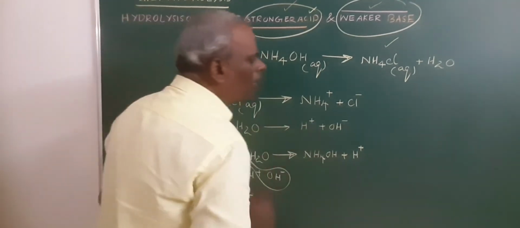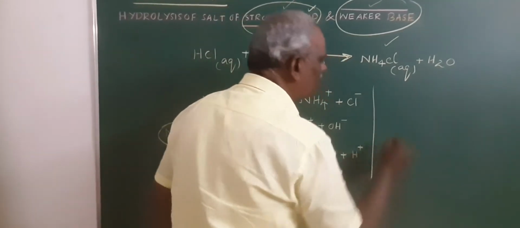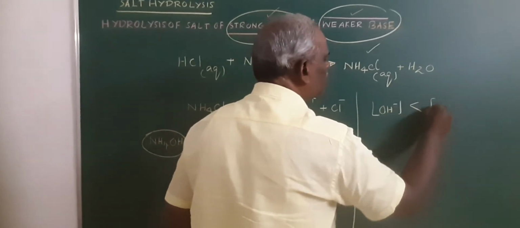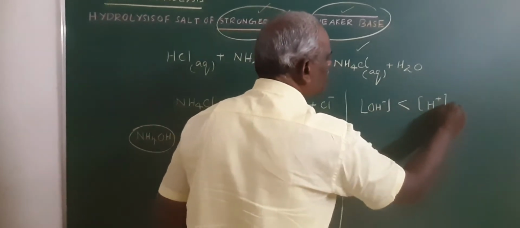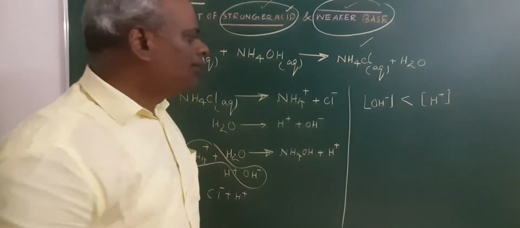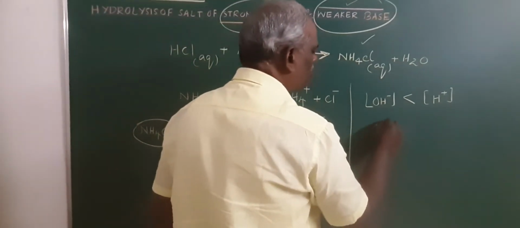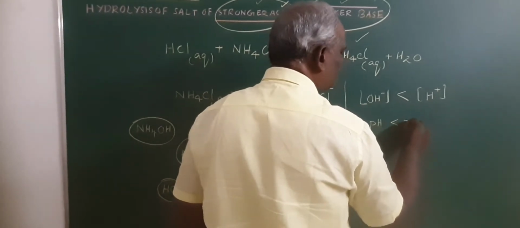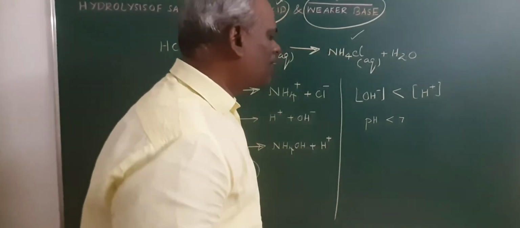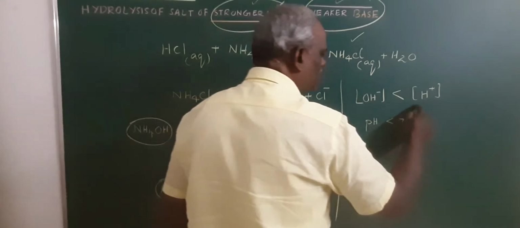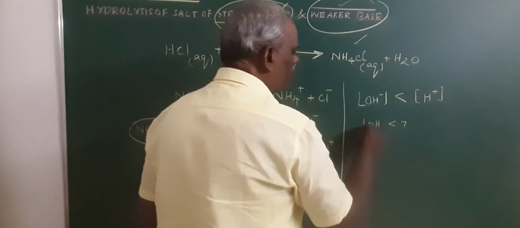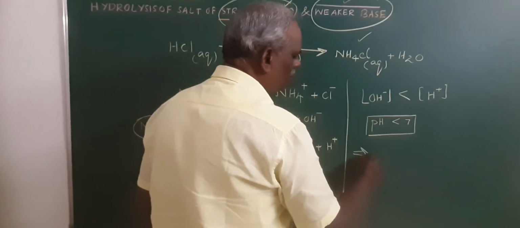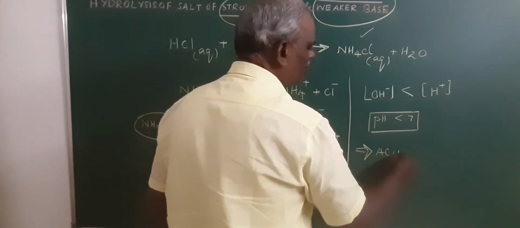Once the concentration of OH minus is decreasing, we can say the concentration of OH minus is lesser and the concentration of H plus would be greater. Due to this, the pH of this solution would be lesser than 7. As the hydrogen ion concentration is greater, pH is less than 7, and thus this is an acidic solution.